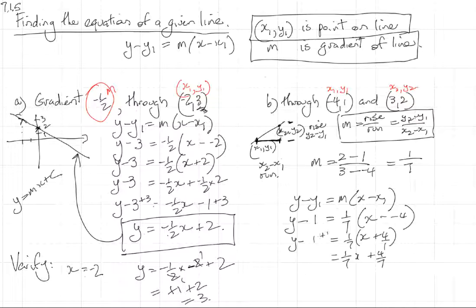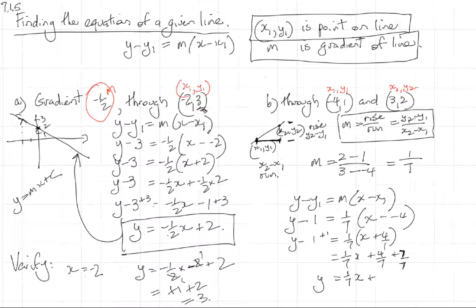And then I add 1 to both sides, and I get y equals, so minus 1 plus 1 is y, 1/7 x plus, now 7 as something over 7 is 7 over 7. 7 over 7 is 1.